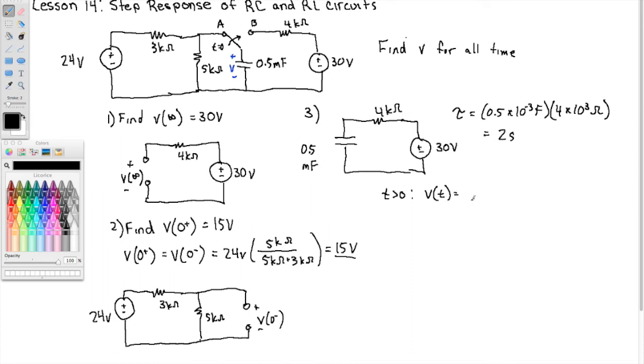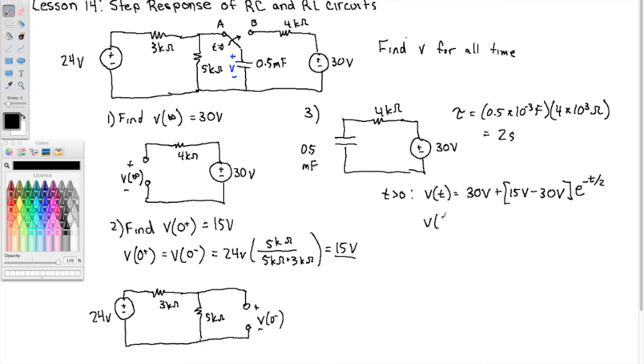Now we've got, remember that equation there, V of infinity, 30 volts, plus V at the switch, so that was 15 volts, minus the 30 volts, times e to the negative t over tau, which is 2 seconds.